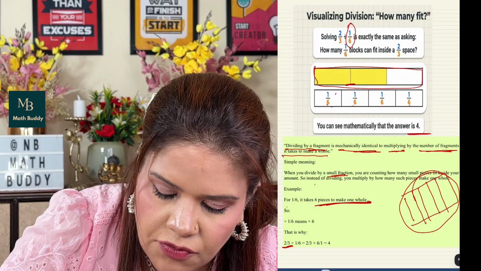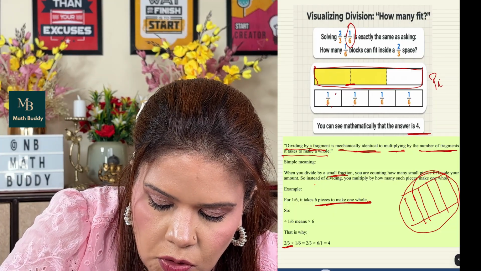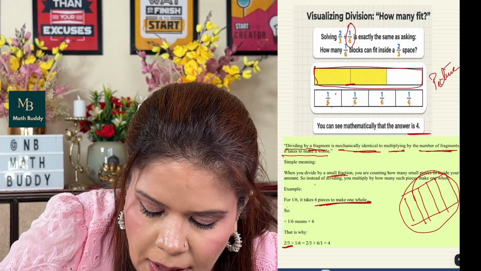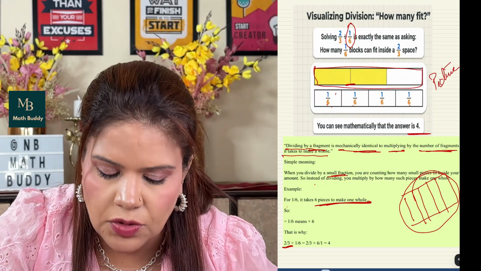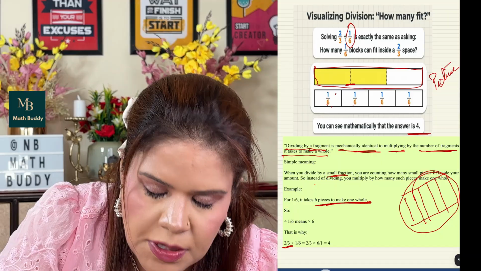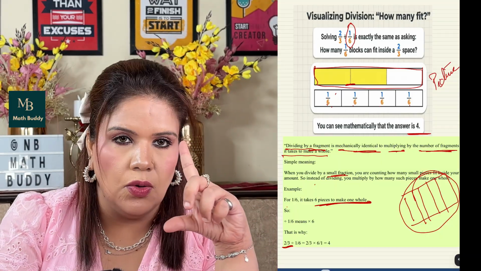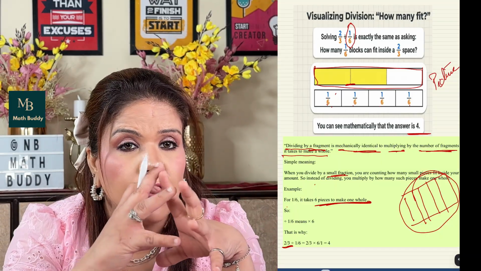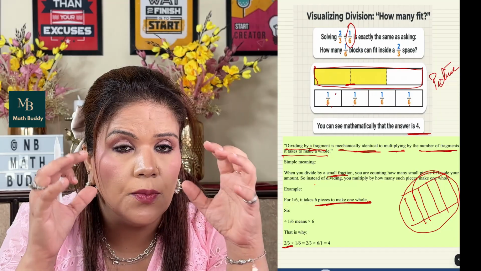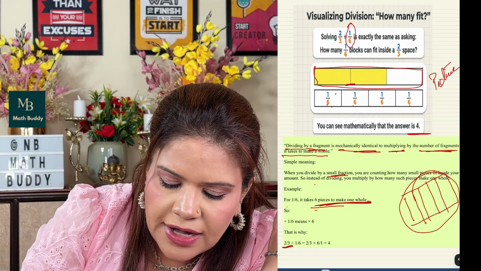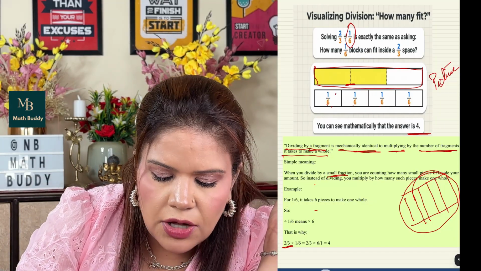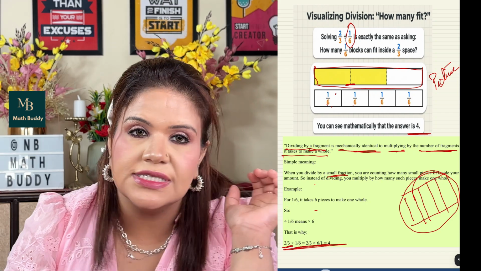So this was in a picture form for you to understand. Now in a mechanical form you need to understand these 6 pieces are making one whole. So when you have to divide that whole by 2 by 3, you need to find 6 pieces to make one whole. You will multiply that with 6.